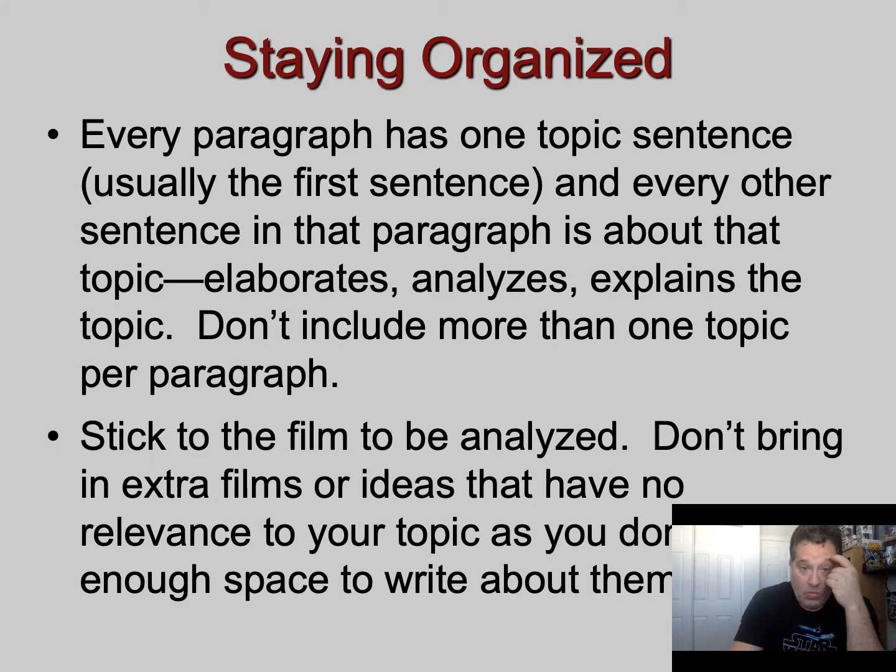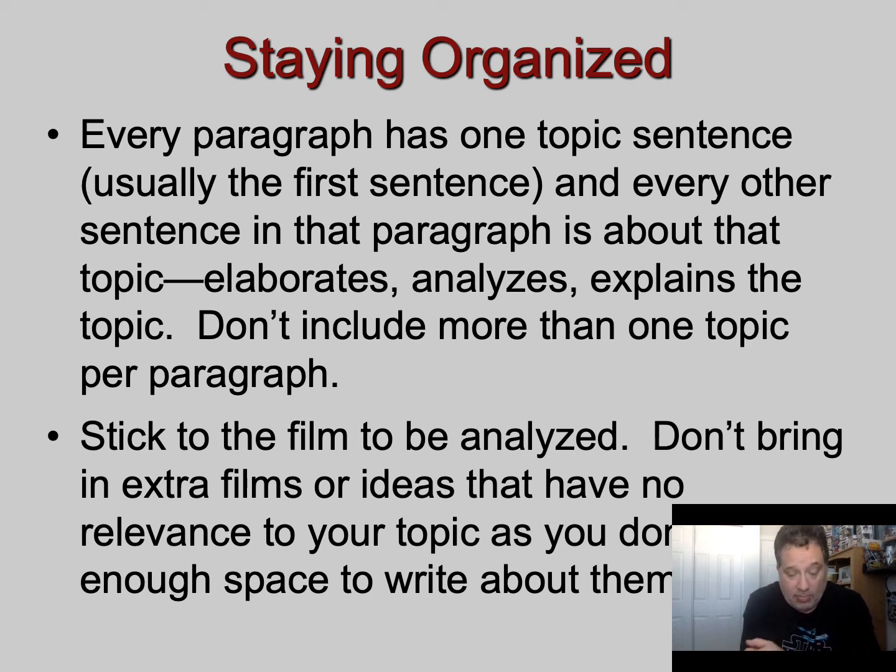So one of the best ways to stay organized is to use topic sentences, so that every paragraph begins with a sentence that tells your reader what that paragraph is going to be about and how it connects to the larger argument.